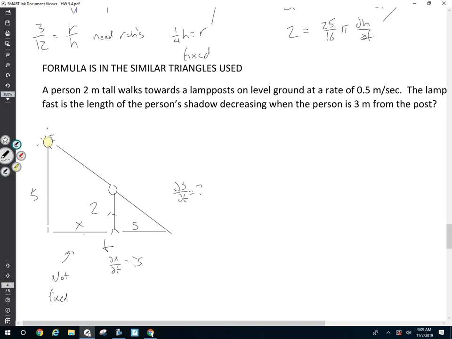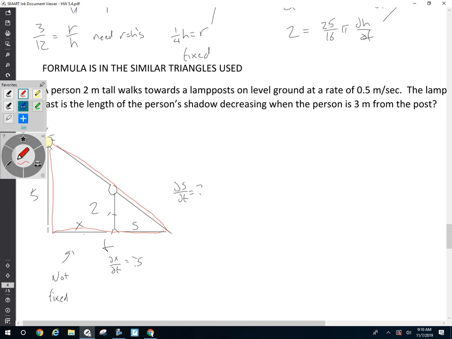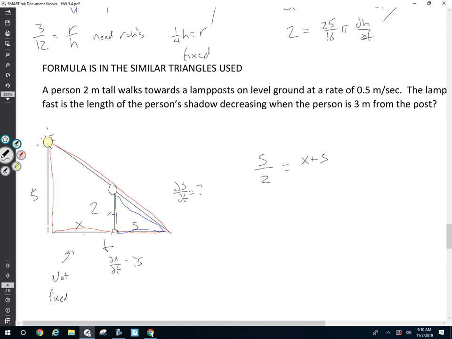And what we will see is that we have two similar triangles. We have this triangle, which is similar to this triangle. And turns out our formula will be in the triangles. We will have the blue triangle, s over 2, is equal to the red triangle, x plus s over 5.